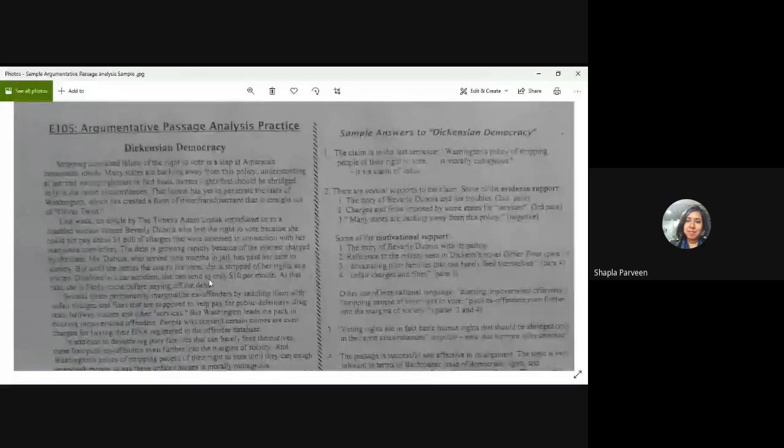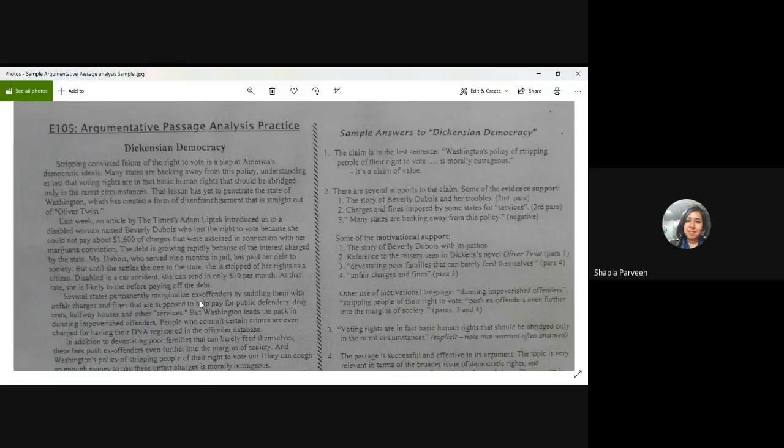All right, so this is how argumentative passage analysis looks. A passage will be given. It is an argumentative passage because, as you have already done the argumentative essay, you know the thesis statement usually states the writer's viewpoint. Whenever someone writes something, they have their own viewpoint, what they want to talk about, what the main topic is, what they want to express.